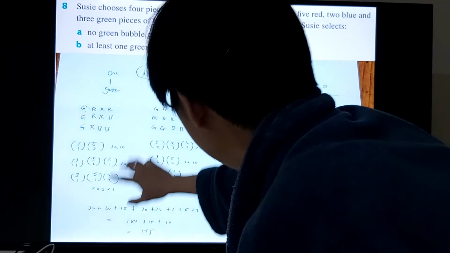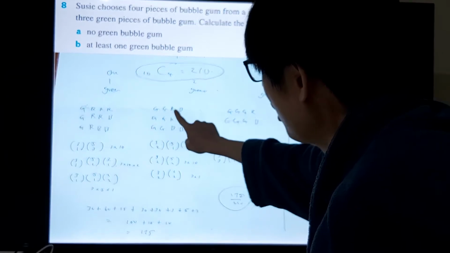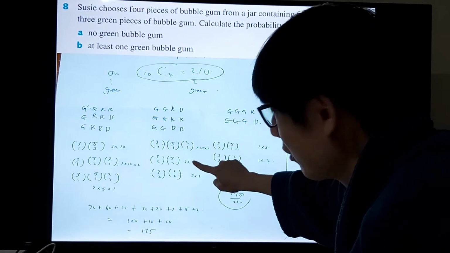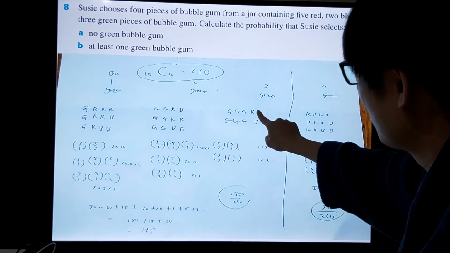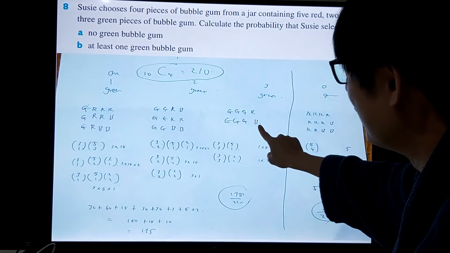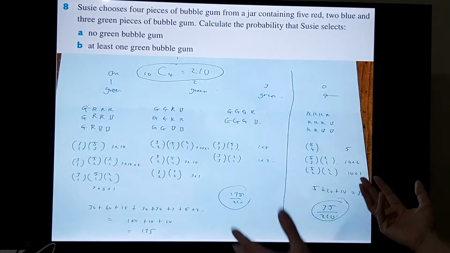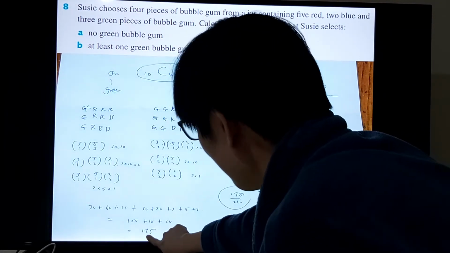Okay, so from then you calculate yourself, you find out using a calculator. Likewise for 2 green, the combination will be GGRB, GGRR, GGBB. Then you calculate accordingly. 3 green, 3G, 1R, 3G, 1B. That's all. There's no other possibilities. And when you calculate all these figures and add them together, it is 175.